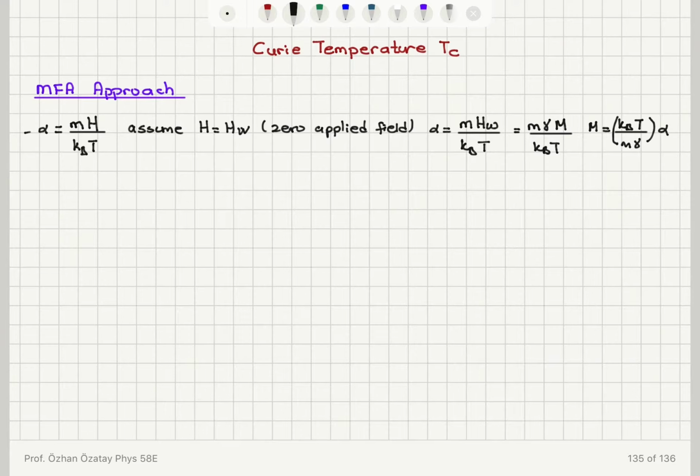So this was the linear relationship we have observed, and that's the line we draw in the M versus alpha plot in comparison to the Langevin theory.